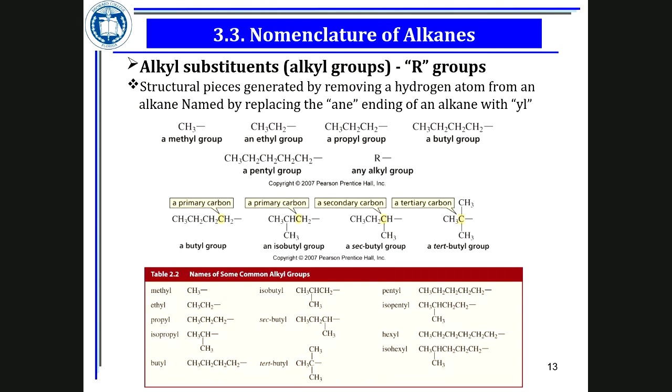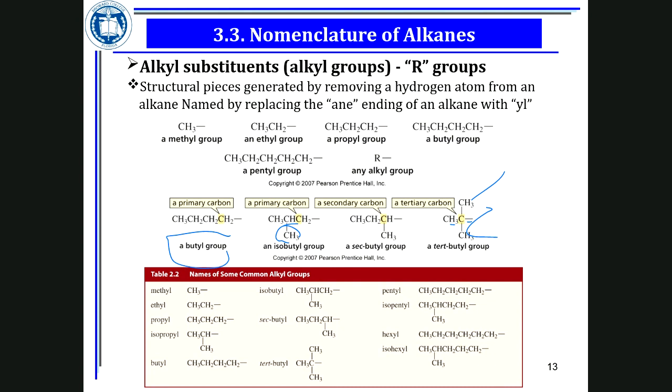For butyl branches, you have n-butyl, or because it's a primary carbon, you just say butyl. Isobutyl, when you have a primary carbon, but a methyl group on carbon number 2. Sec-butyl, when a secondary carbon is attached, and t-butyl, when a tertiary carbon is going to be attached to the main carbon chain.